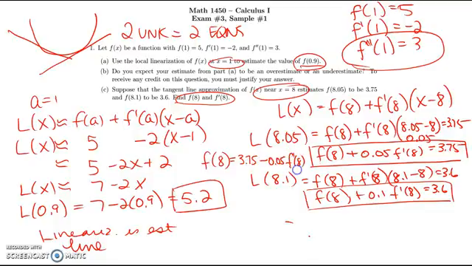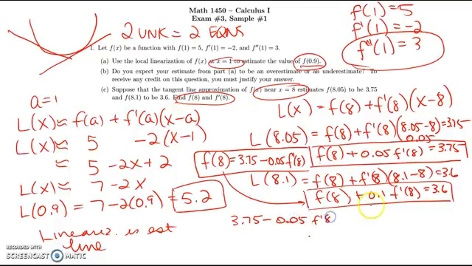So you see how I manipulated that? And now I'll substitute that in right here. 3.75 minus 0.05 f prime of 8 plus 0.1 f prime of 8 equals 3.6. I'm going to subtract this over, and I'm also going to combine minus 0.05 f prime of 8 plus 0.1.